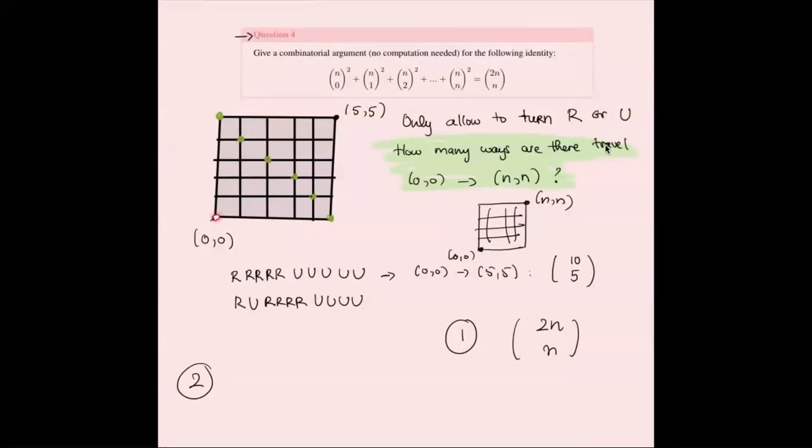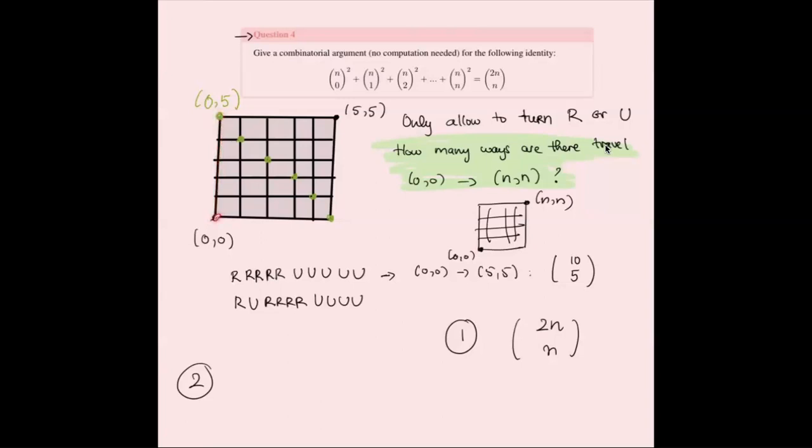For example, how many ways are there I can go from 0, 0 to 5, 5, such that I pass through the point 0, 5? Sorry, this is the point 0, 5. Okay. How many ways are there I can travel from here to here, such that I have to pass through here? So I can calculate that by first traveling from 0, 0 to 0, 5. How many ways are there I can travel from here to here, such that I only use turning right or going upward?